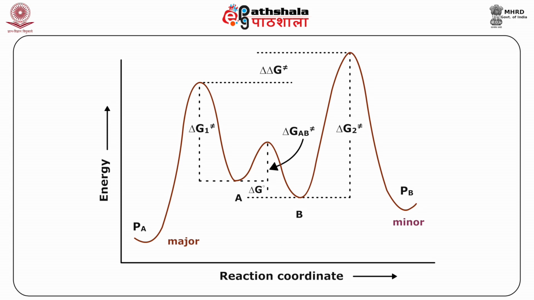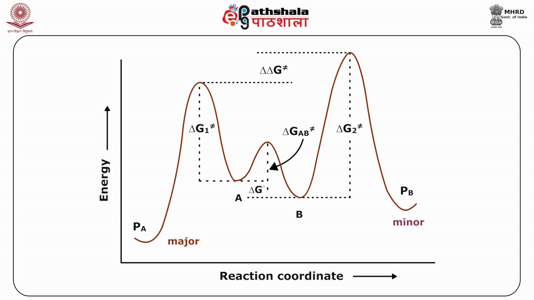This is depicted by the energy diagram in the figure, where K1, K2 is much smaller than Ka and Kb. A to B are interconverted, whereas A to Pa is a slow reaction, while B to Pb is not that slow a reaction.